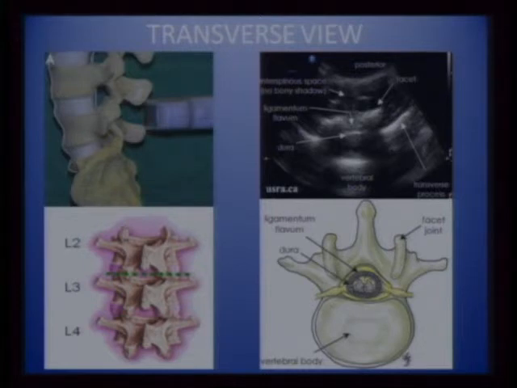In a thin individual or a youngish patient, you will also be able to see a line there, which is the ligamentum flavum. Between the two is the epidural space. On either side, here there are no laminae. Here what you have are the facets, and if you go even more laterally, these are the transverse processes. This will be the thecal sac, and this again is the anterior complex.